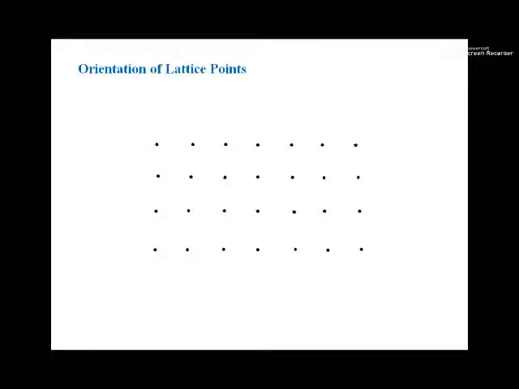Now come to the next part, that is orientation of lattice points. So you just see here, there are some dots, and these dots are nothing but two-dimensional lattice points. Now my question is, is the choice of these planes unique?